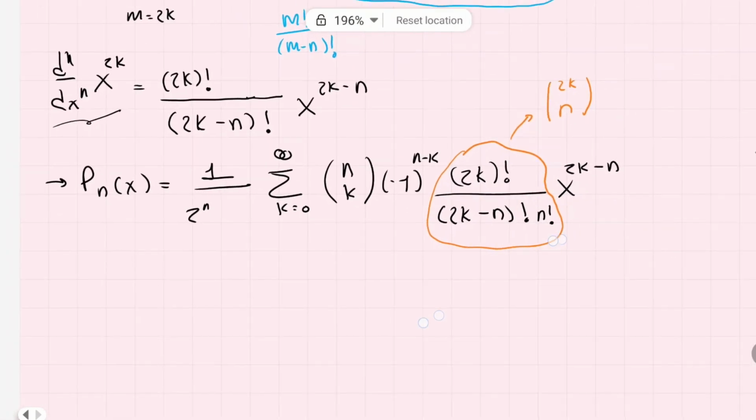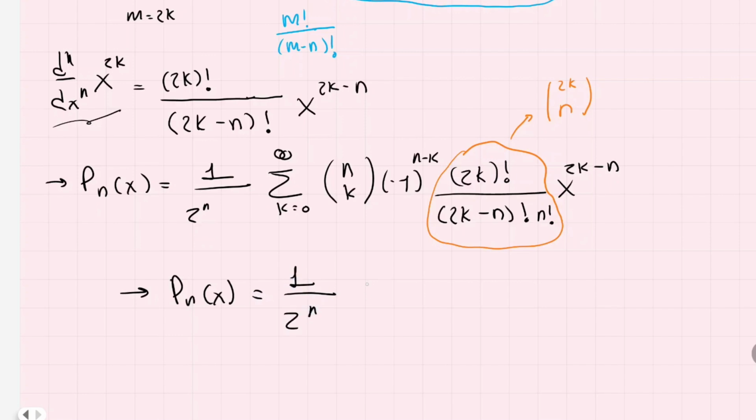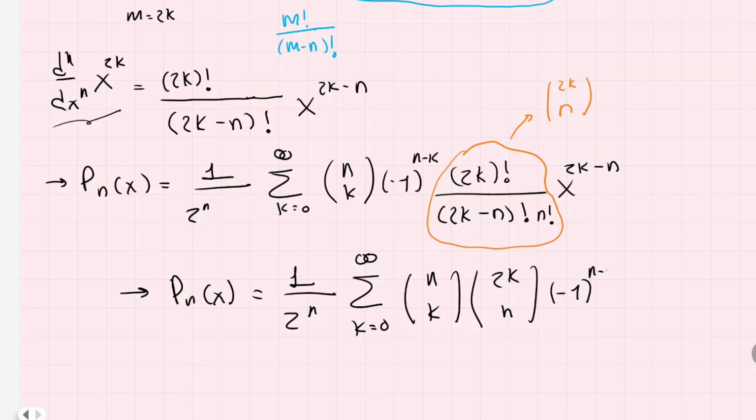Okay, so we can say that Pn of x is going to be 1 over 2 to the n times the sum from k equals 0 to infinity of n choose k times 2k choose n times negative 1 to the n minus k power times x to the 2k minus n.